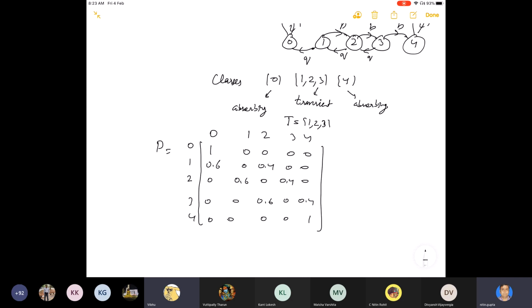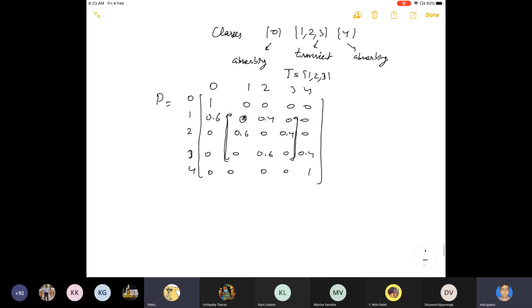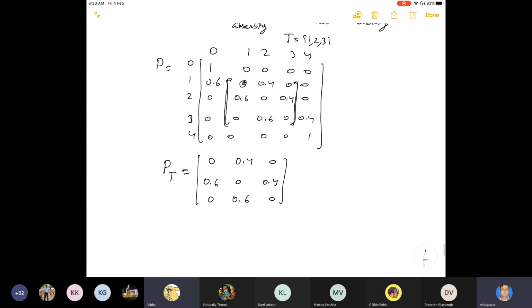So from here we can separate out PT, because 1, 2, 3 are transient here. So corresponding to 1, 2, 3, this matrix we can separate out. So this is PT. So PT is 0, 0.4, 0; 0.6, 0, 0.4; 0, 0.6, 0. Okay.